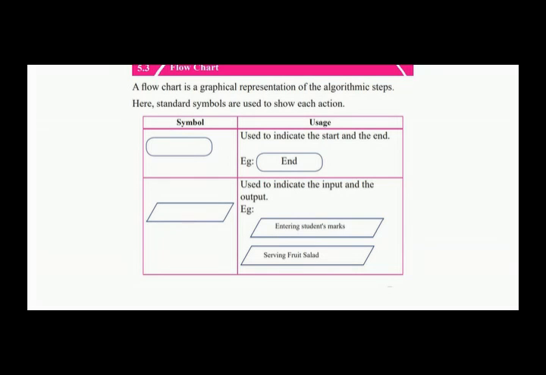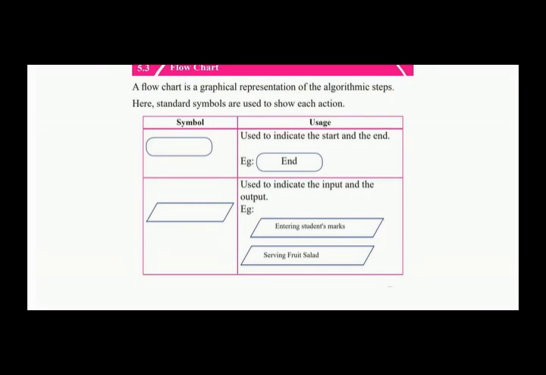Right? For example, if you are finding the area of a rectangle, our inputs are getting the width and getting the length. So these are our inputs, right? So for inputs, you have to use this parallelogram, and also for the outputs, what we display.